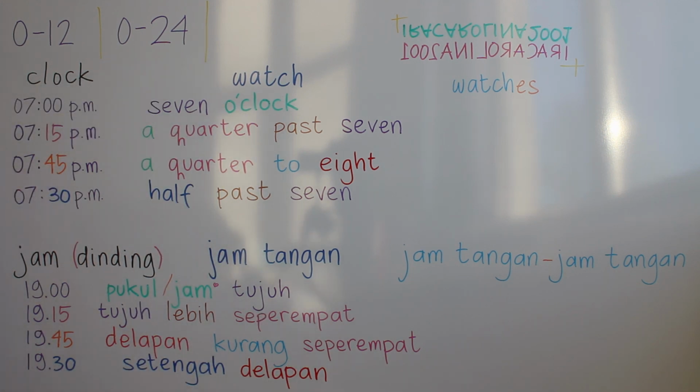It's inherited from Dutch because in Dutch, the clock or time also uses 0 to 24. Clock, jam, or jam dinding. Some people say it only with jam, some people also say it with dinding. Dinding itself is wall. Watch, jam tangan.